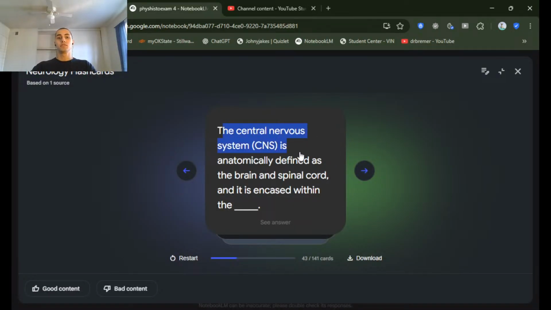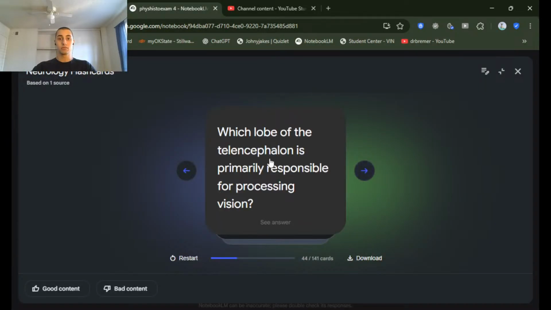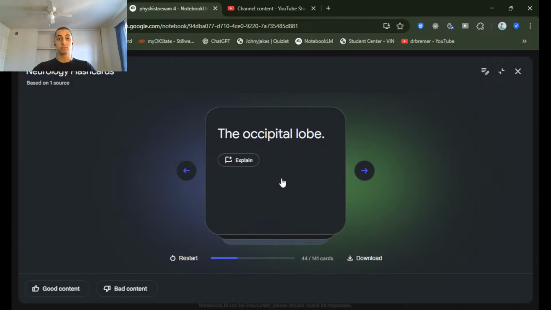The central nervous system is anatomically defined as the brain and spinal cord, and it is encased within the dura mater. Which lobe of the telencephalon is primarily responsible for processing vision? Occipital lobe? Occipital.